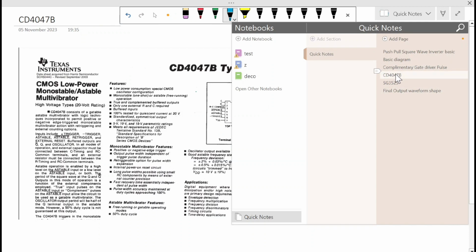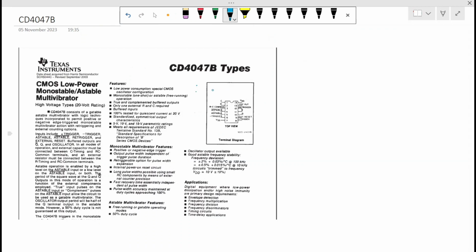Now, how will we generate the output for the gate drive? We can use this IC CD4047B. This is a monostable and astable multivibrator IC. We can use this to generate complementary pulses.